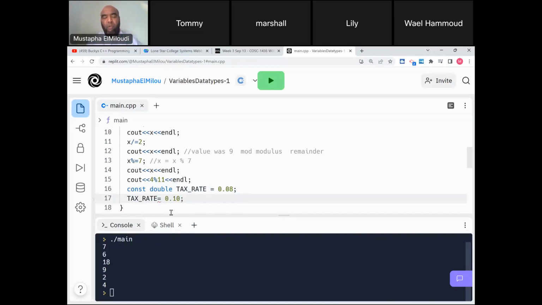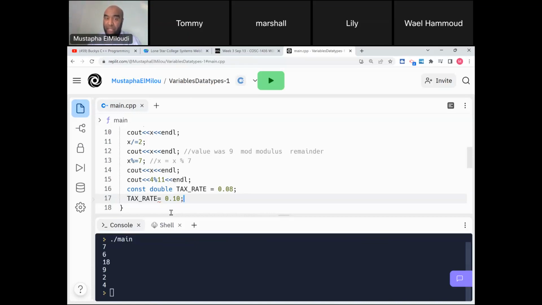I want you to imagine you are in charge of the IRS program. And then somebody by mistake, instead of putting 0.08, forgot the second zero and put 0.8. And then he's working on the tax for Microsoft or Apple or one of the big companies, filing the tax for them.